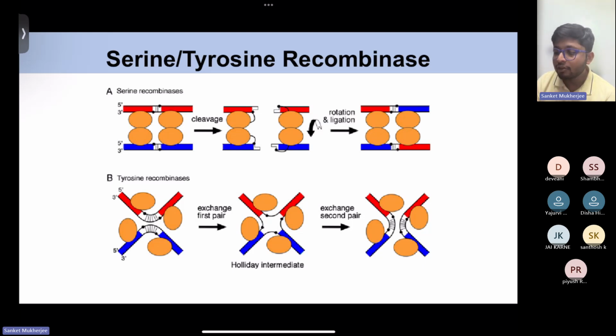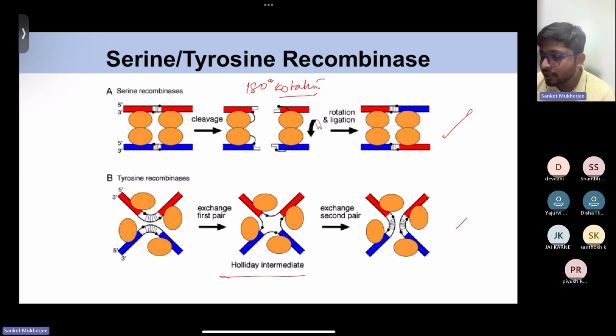So serine type recombinases, when there is a 180-degree rotation of the strands, which causes a recombinated strand to be formed. Similarly, there are tyrosine recombinases, which require four. Basically, it works in a quad system, where there is formation of a Holliday intermediate, and then there is a recombinated DNA that we get.